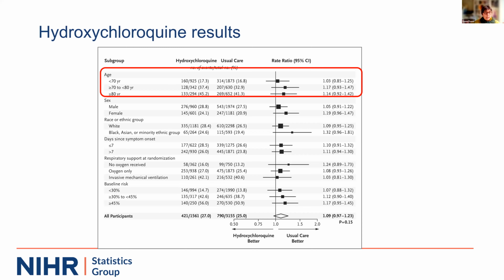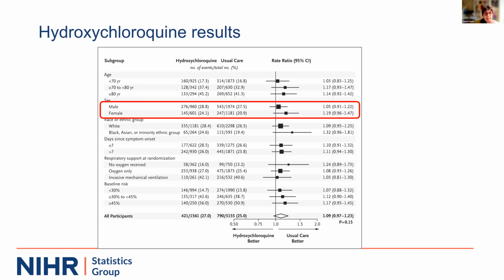So the way that they've organised the forest plot in this case is they've shown multiple subgroups stacked on top of each other to highlight splitting the patients by many different ways. And what you can see by looking at the multiple different ways of looking at the patients, there's really very little evidence of variation in this effect.